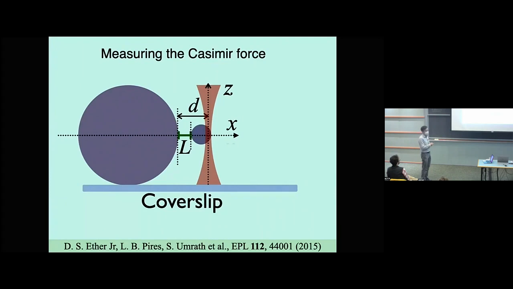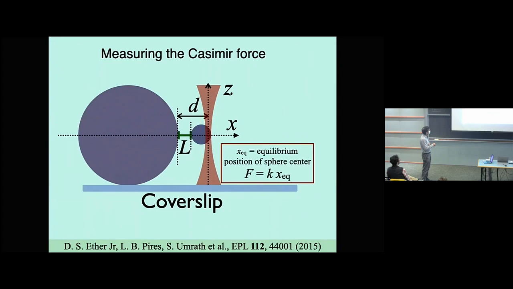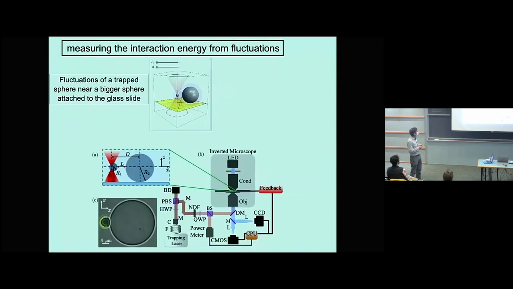For instance, suppose the interaction is attractive, then I will displace my sphere laterally, and since I know the optical stiffness of my trap, I can measure the force by measuring the displacement. It turns out that it's better to measure not only the average equilibrium position, but the fluctuations. The Brownian fluctuations are going to give us a lot of information.